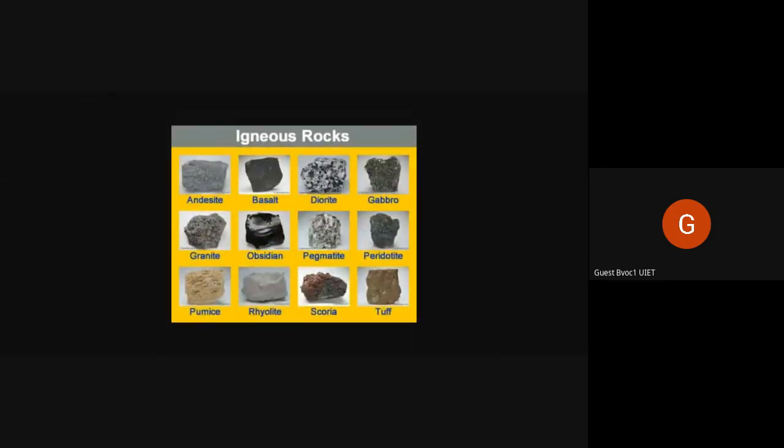These are some of the igneous rocks that can be found. Of these, the most commonly used in India for construction are granite and basalt.